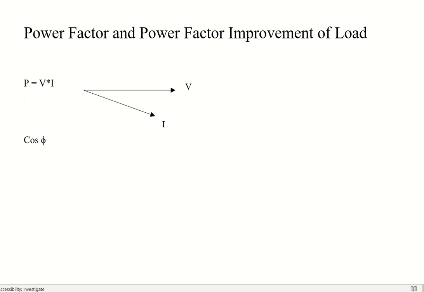Think of this as two of the clock hands, V and I. V is coming first, so V is leading, seeing from the clockwise direction. So V is leading the current by phi angle, which means my current is lagging.